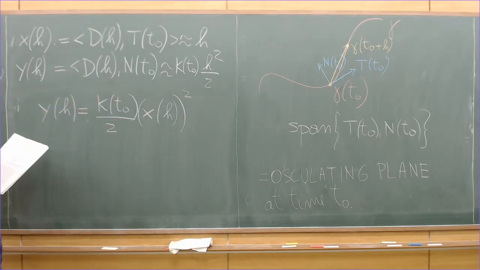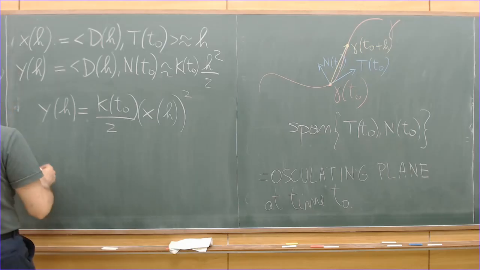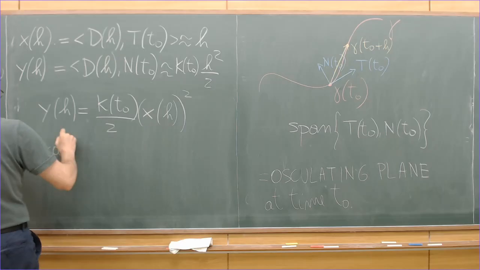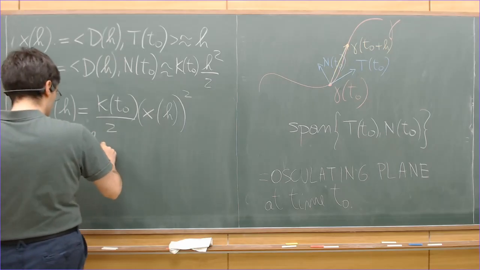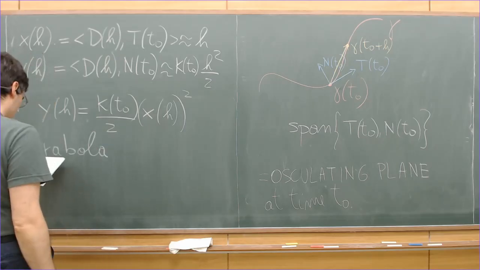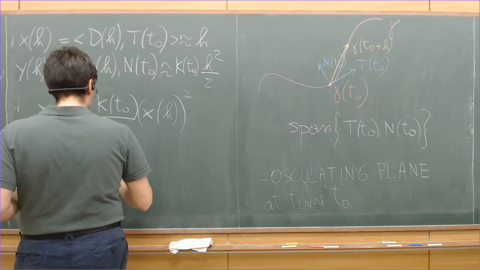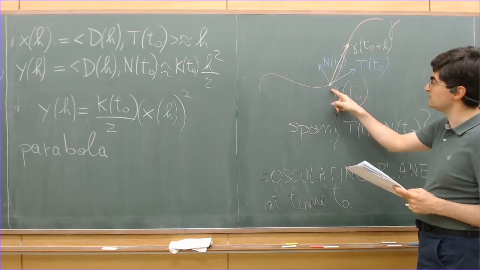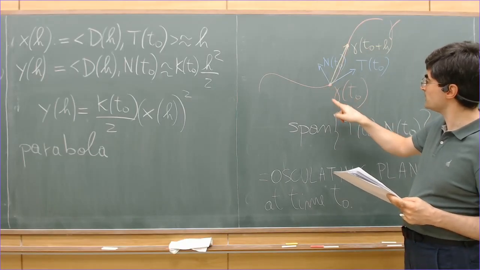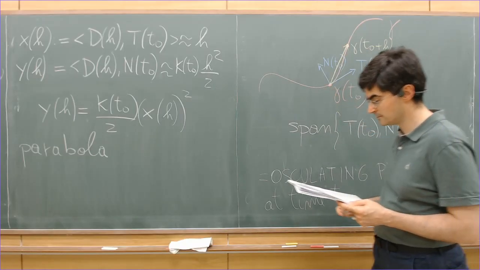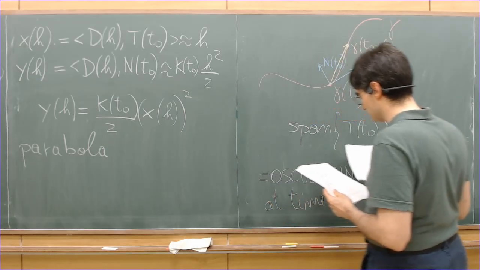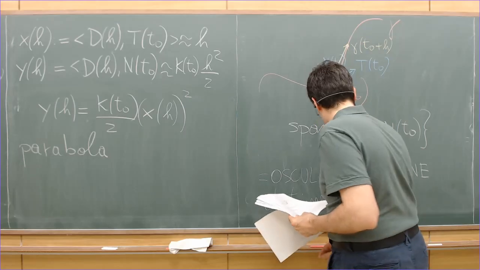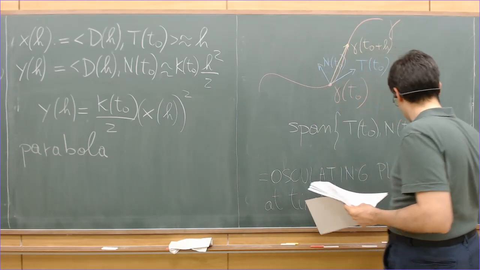So this is the equation of a parabola, having its vertex at the point gamma t0. So let's try to sketch this parabola.